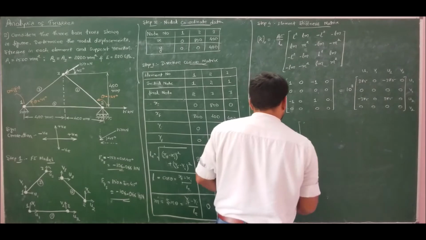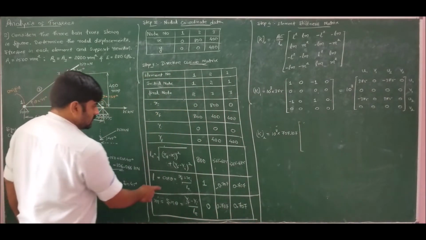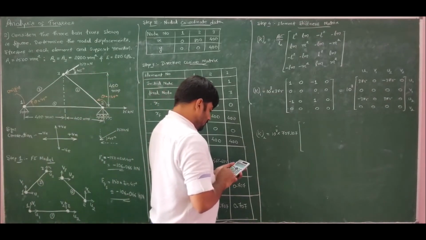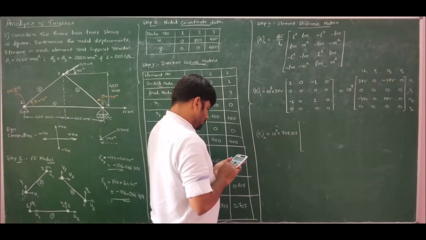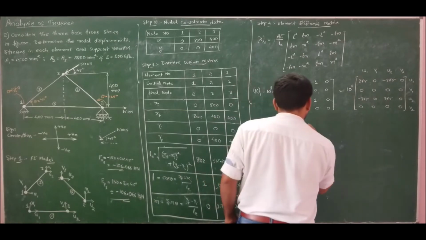Coming to the direction cosines, L is minus 0.707, which is 1 by root 2, so L square is 1 by 2, therefore I get 0.5.